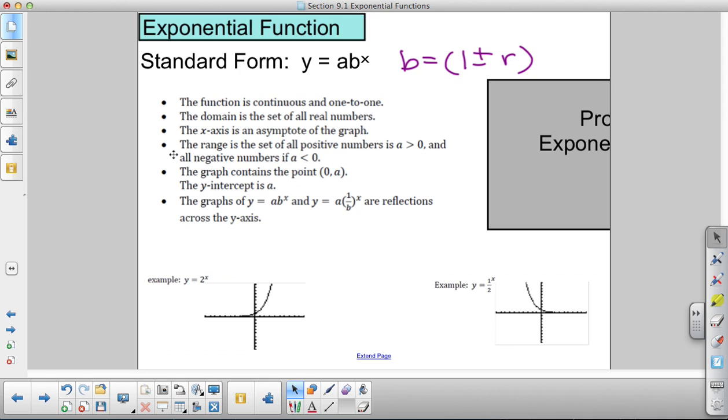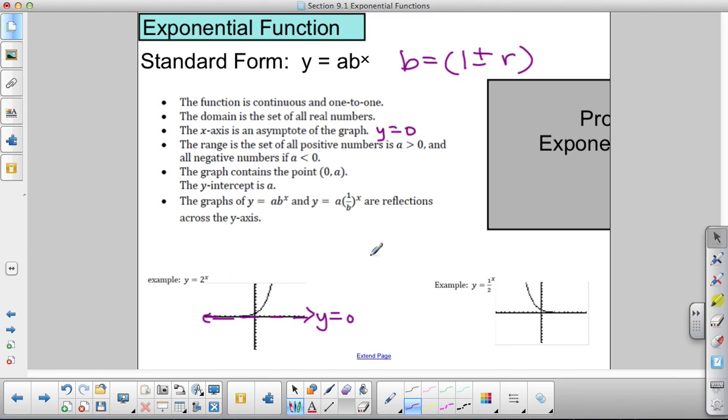One thing is that the x-axis is an asymptote of the graph. So if we're looking at the example down below, this would be an asymptote, and this is actually the equation where y is equal to 0. It's a horizontal asymptote. So where y is equal to 0.